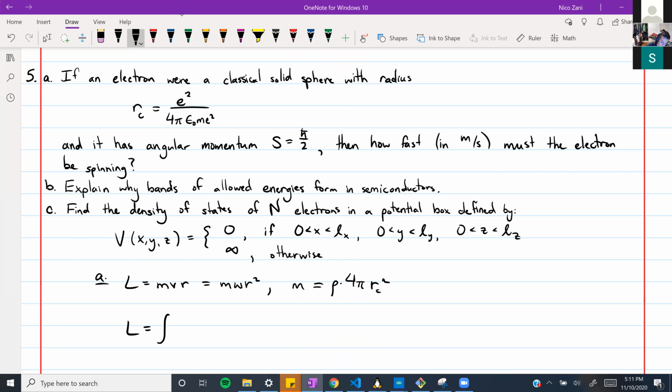That is the integral from, well, actually, we just want to do the full volume integral of every individual piece of mass and its angular momentum. So this would be m over 4 pi r_c squared times omega r squared.